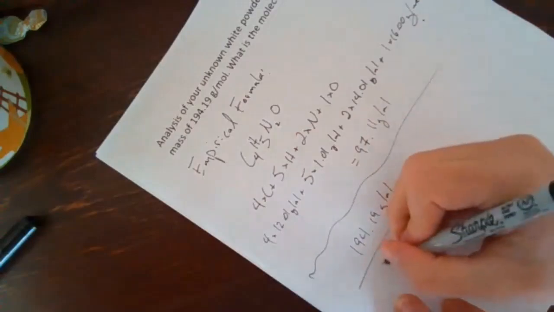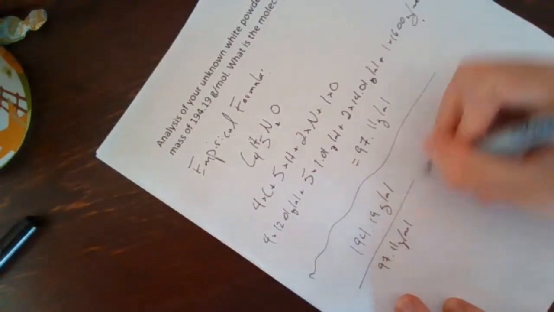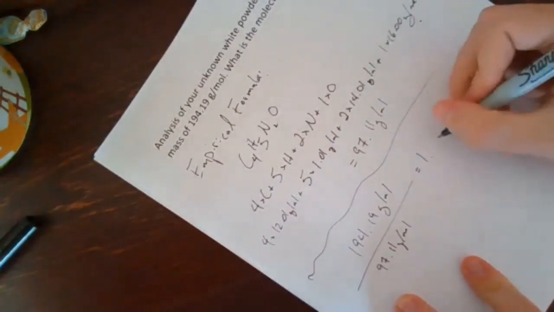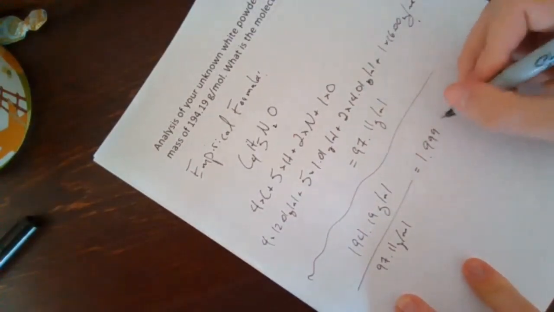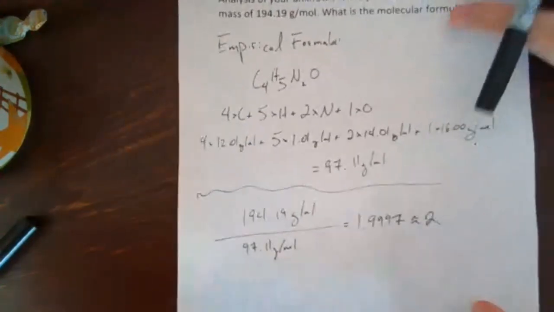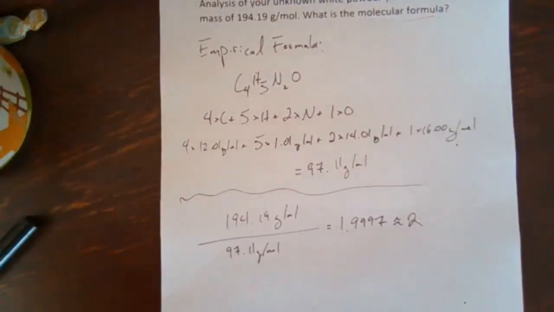That's the mass of the whole compound. I'm going to divide it by the mass of the empirical formula, and I get 1.9997, which is 2. When we're doing this process, dividing the molar mass of the entire compound by the empirical formula mass, we generally are expecting to get a whole number, something close to a whole number that should be rounded to 2.